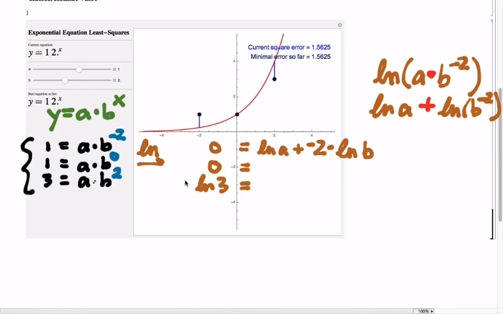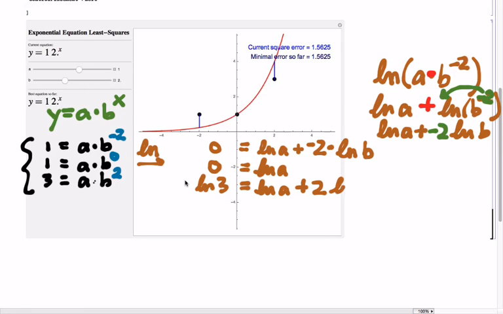And then using the property that says that a power inside of a log is multiplication on the outside of the log. So that -2 just comes down on the front. Natural log of B. And I can do that same thing with my other equations here as well. Natural log of A plus 0 times natural log of B, and then natural log of A plus 2 times natural log of B.